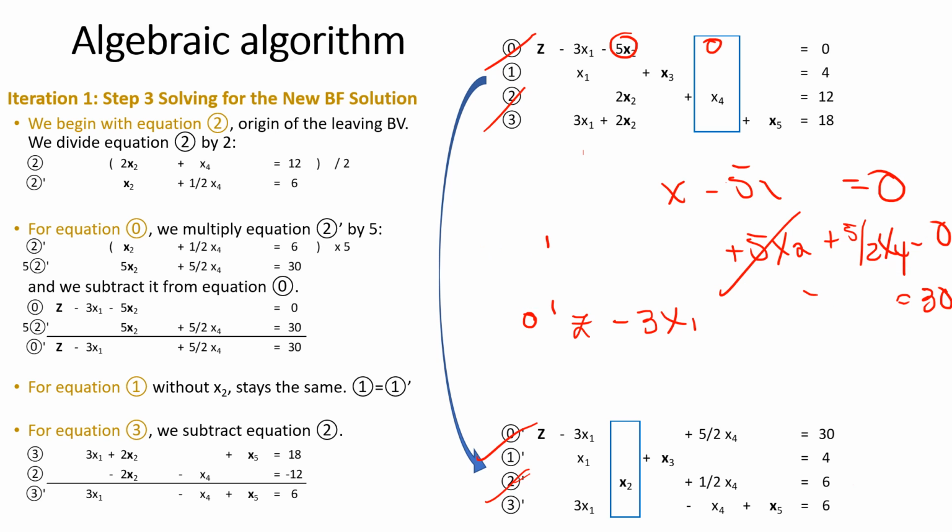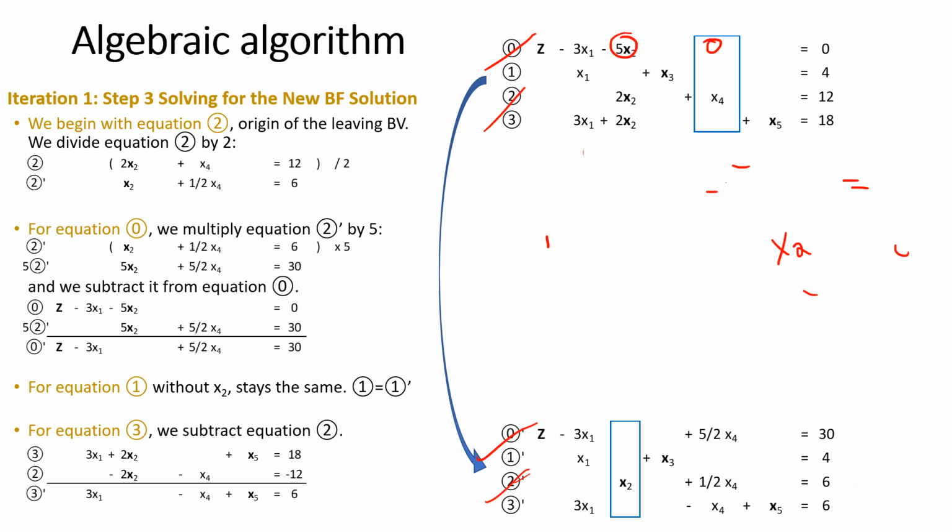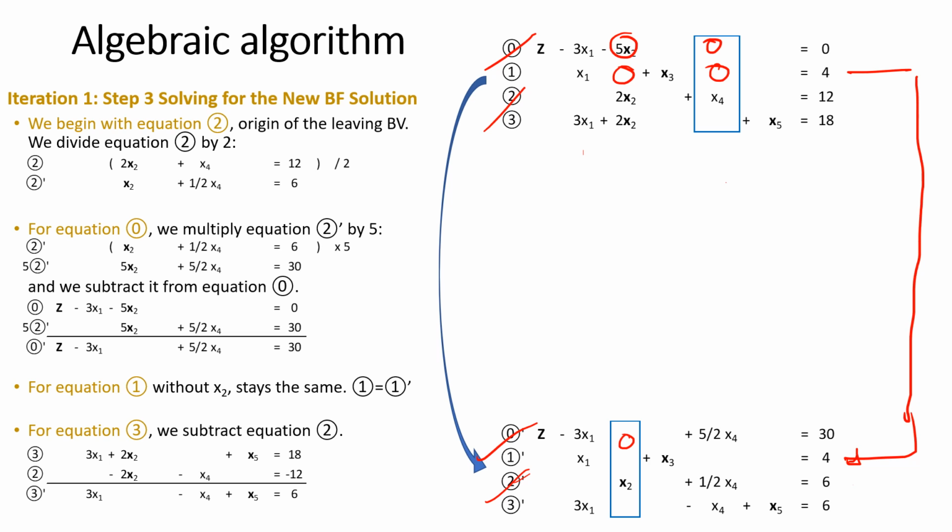Now, the next one is quite easy because what we see here is that for equation number 1, we need a 0, and we already have a 0, so we're not going to do anything else but just copy exactly the same equation. And that way we got 0, 0, 1. Now we have to work with equation number 3.